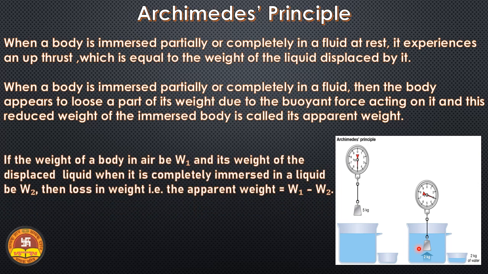So if the weight of a body in air is W1, and the weight when it is submerged in the liquid is W2, then the loss in weight will be the difference of these two weights, that is W1 minus W2. So in this diagram, what is the loss in weight? 5 kg minus 2 kg force, that is 3 kg.